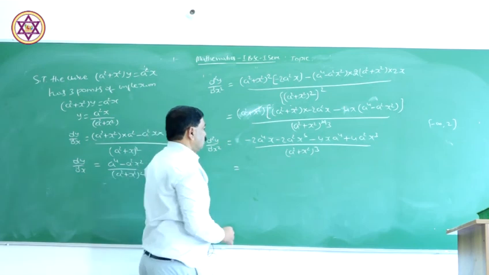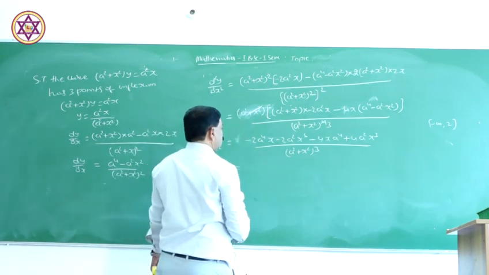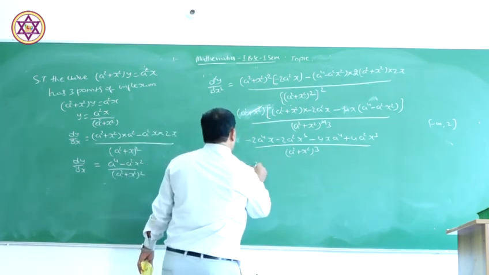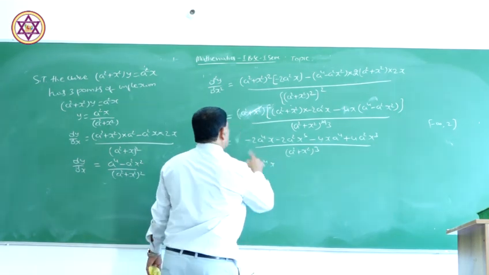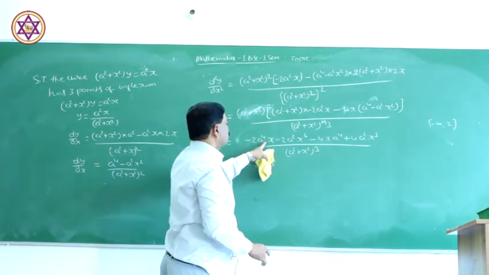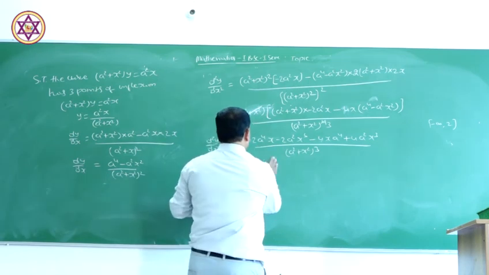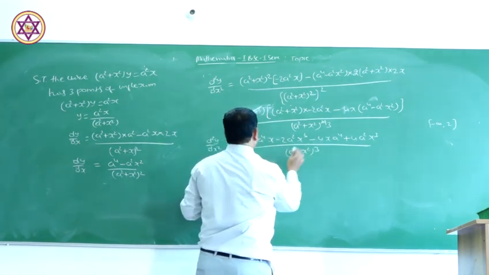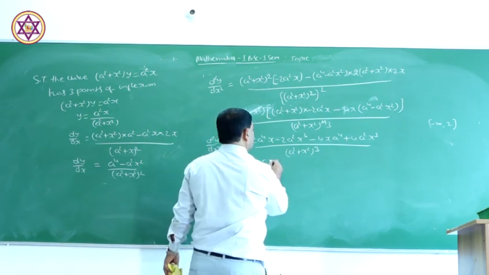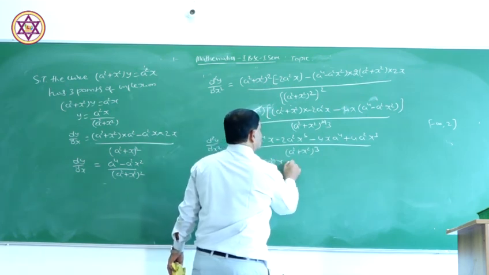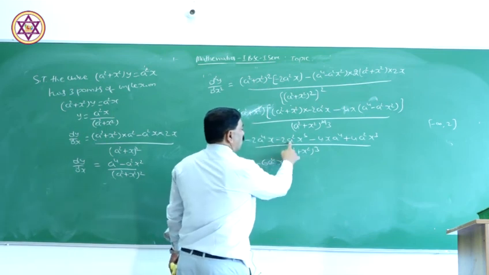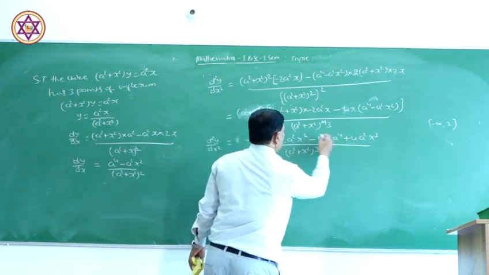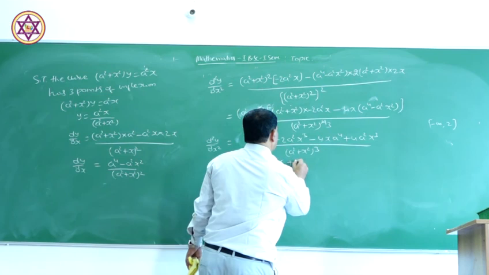Next, in this particular case, 2a to the power 4 x. Otherwise, if you simplify this one, 2a⁴x, here we get minus 6a⁴x. Next, minus 2a²x³, here plus 2a²x³.